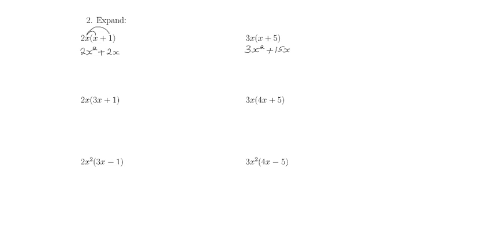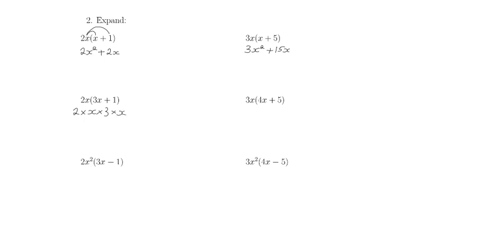Let's move on to the next one. So here we have to do 2x multiplied by 3x, and then we have to do 2x multiplied by 1. So let's have a look at the first part, 2x multiplied by 3x. If we wanted to just write this all out, that would be the same thing as 2 multiplied by x multiplied by 3 and then multiplied by x again.